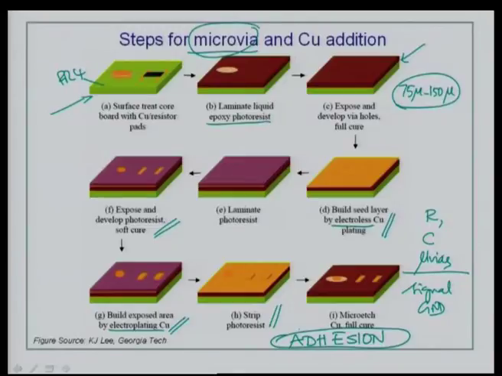Adhesion is also very key for microvia reliability, because if there is a change in property during thermal cycling of the dielectric material, if there is a shrinkage of the material, then the entire microvia structure will cave in, resulting in failure.